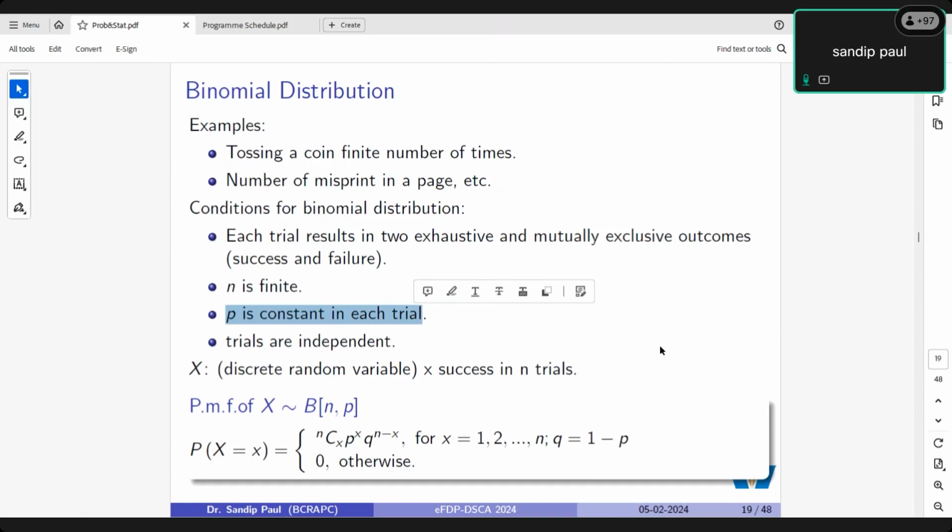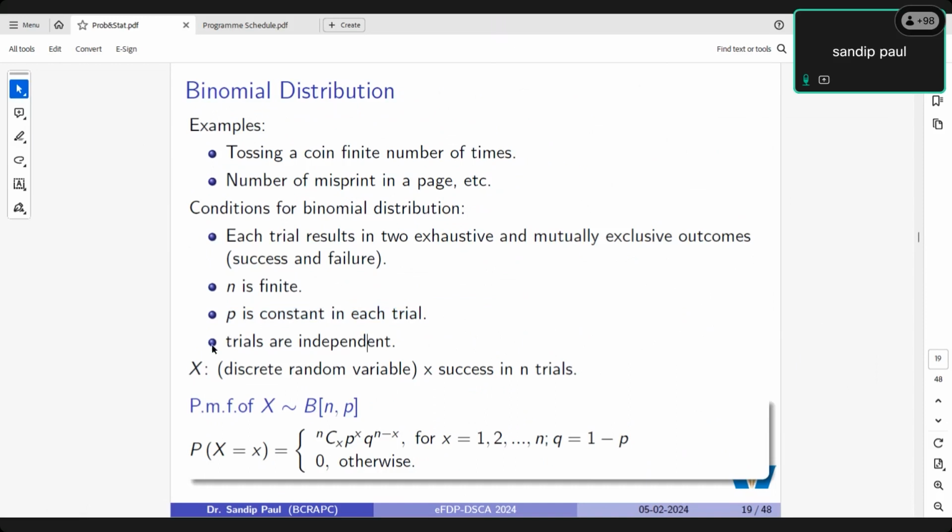So it is constant. It is a basic requirement. And trials are independent, which means the result of any performance does not affect the result of the next performance.